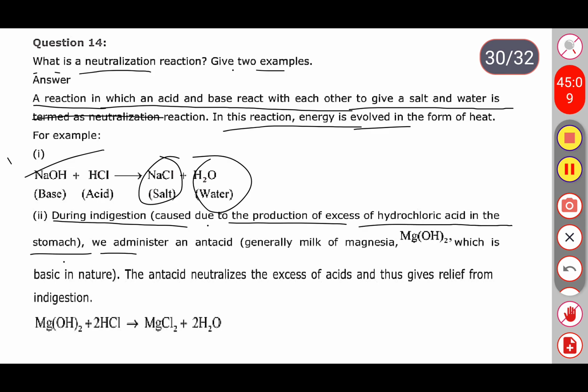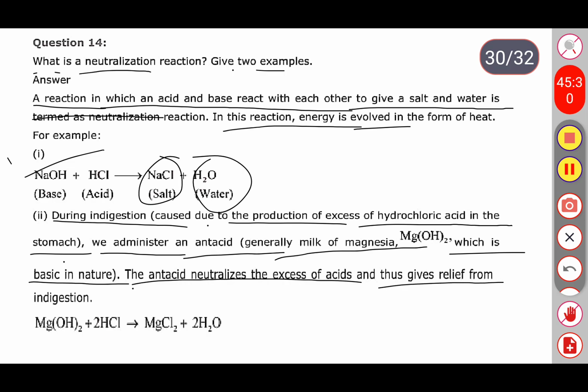The antacid neutralizes the excess acid and thus gives relief from indigestion. So one more equation: when magnesium hydroxide is treated with HCl, it forms magnesium chloride along with water. See the next question.